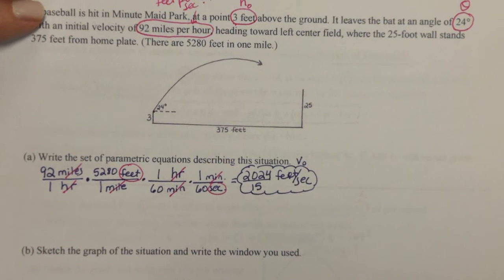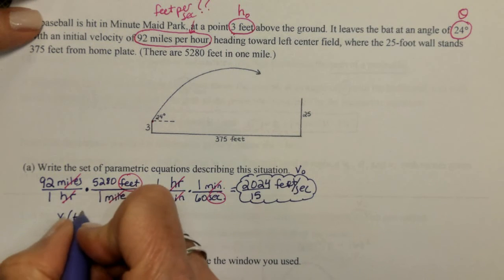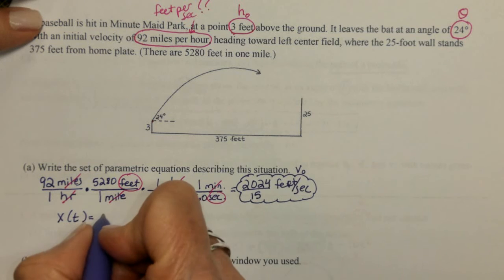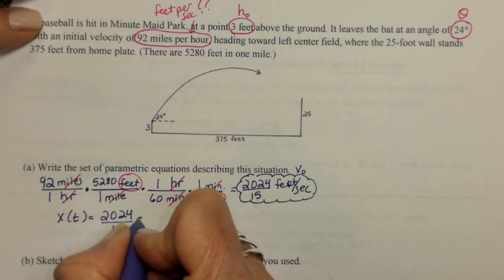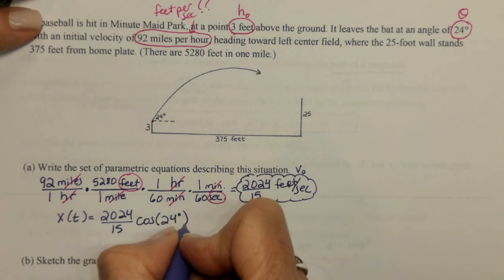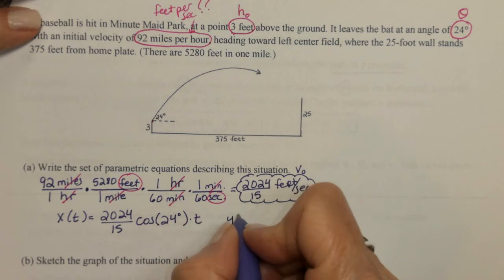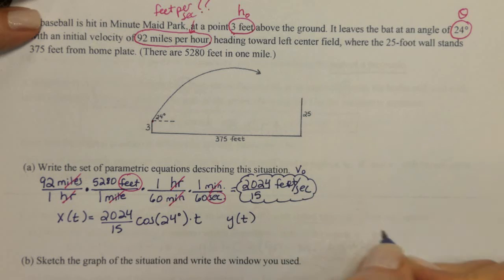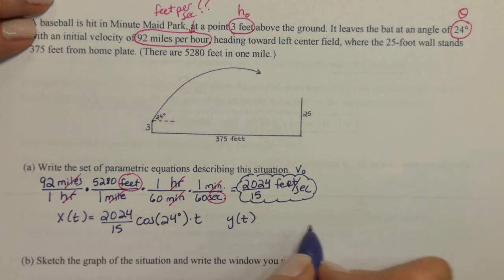Okay? So my x of t will be V naught cosine of my angle times t. My y of t, x of t, y of t. Sorry about that.